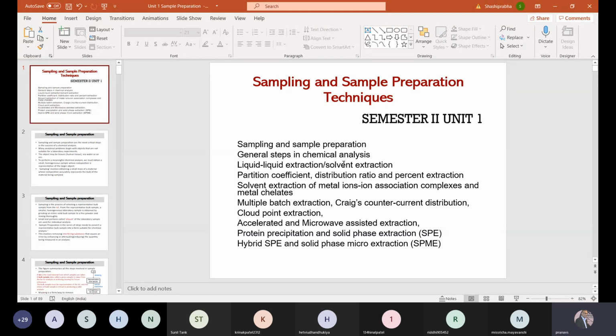And for that to be realized, we need to have a proper sample. When we talk about sample, we are not talking about the simulated samples or the samples which we prepare in our labs. We're talking about real samples. How can we analyze real samples using the known techniques which we have?